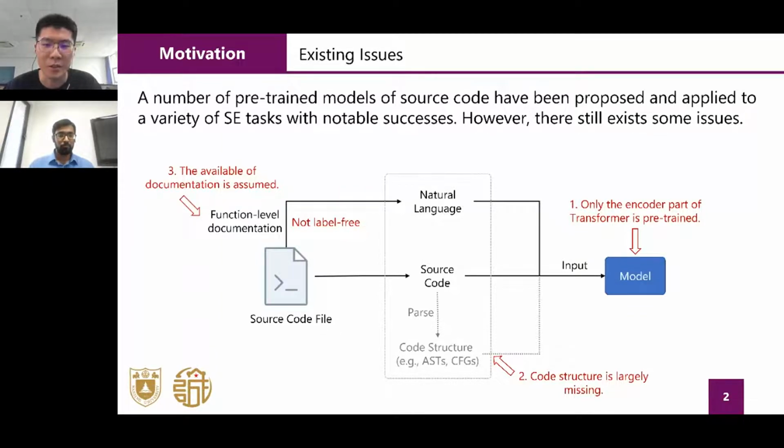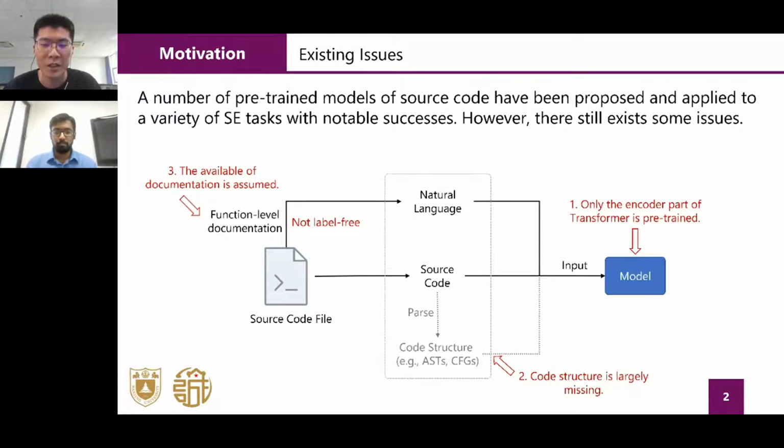However, there still exist some issues. First of all, many models focus on pre-training the encoder part of the transformer, where the decoder is left out. Second, the code structure, such as the AST, is largely missing. Last but not least, when a model uses natural language in the input, it uses the function-level documentation of the code.